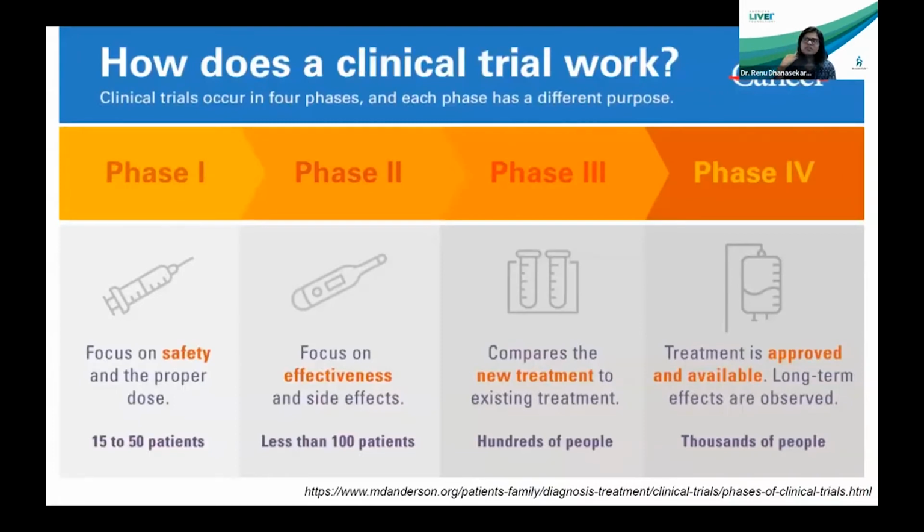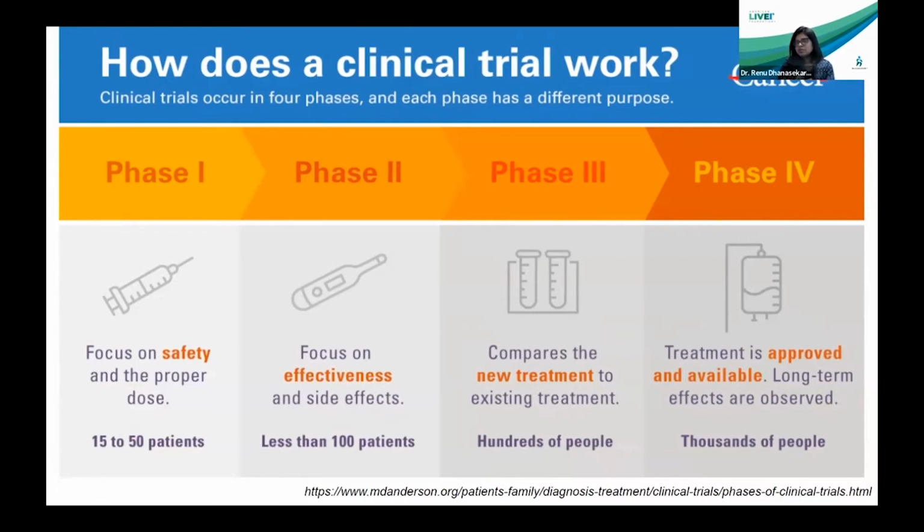So how does a clinical trial work? Very broadly, there are 4 phases. Easy to remember, 1, 2, 3, 4. Phase 1 is the first step. This is when a drug or an intervention has been found to be promising from preclinical, as in animal studies. And now we want to test this in human beings. Because this is the first time it's being tested in humans, safety is the focus here.